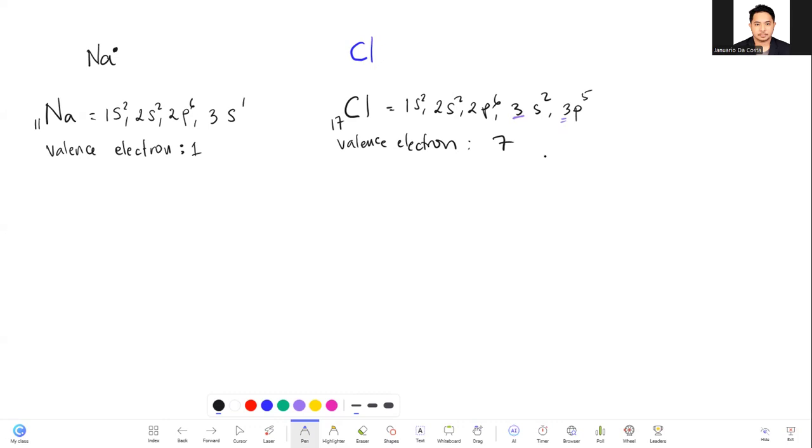Since it's negative, we put all the valence electrons of chlorine. When you draw a Lewis structure, you start by filling in 1 in every direction first. That's 4. But we need to draw 7, so you continue with 5, 6, and then 7.